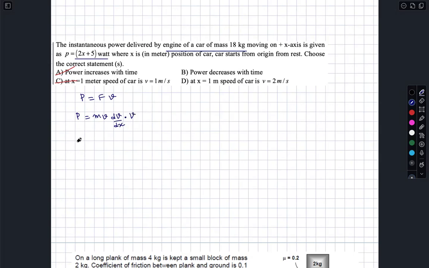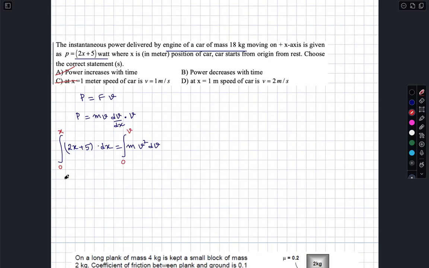So now use the relations properly. (2x + 5) dx is m v² dv. Integrate from x = 0 to some x, since it starts from rest at x = 0.